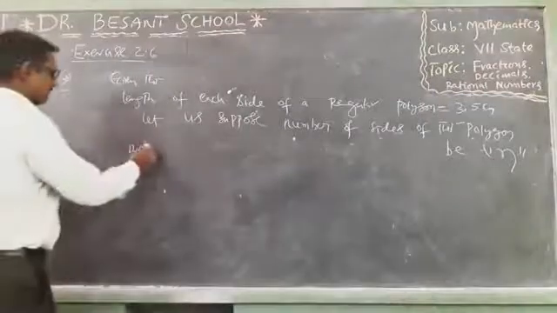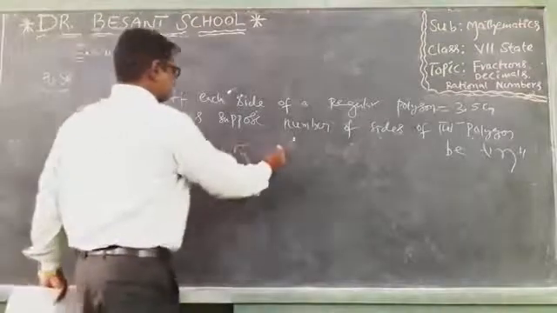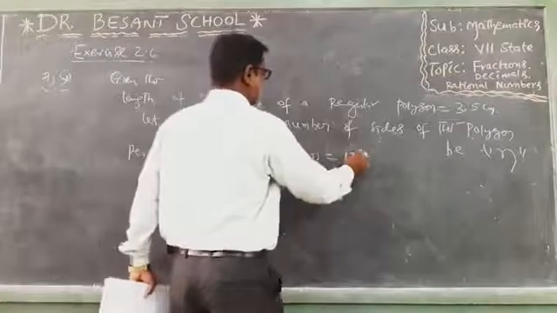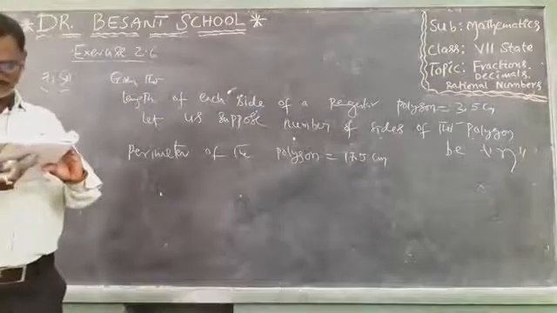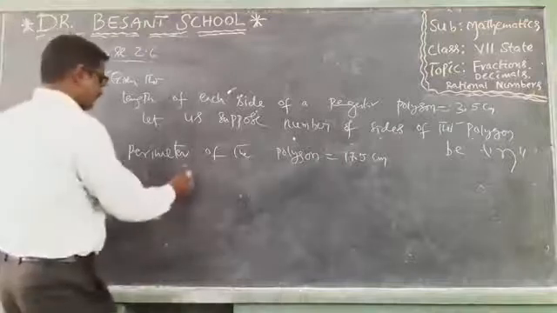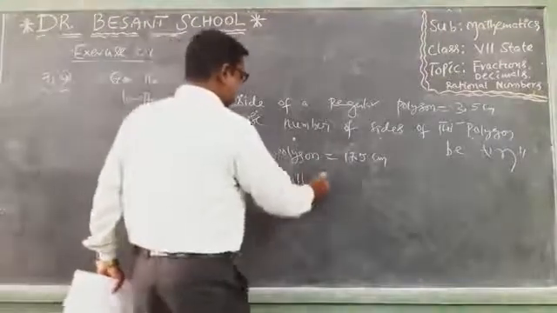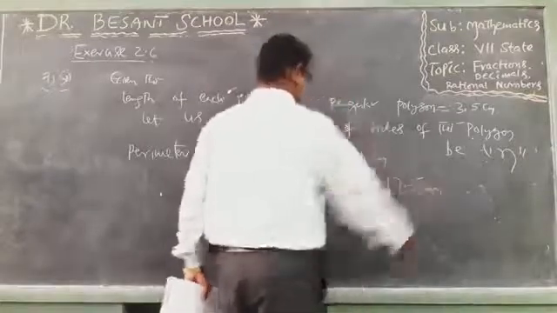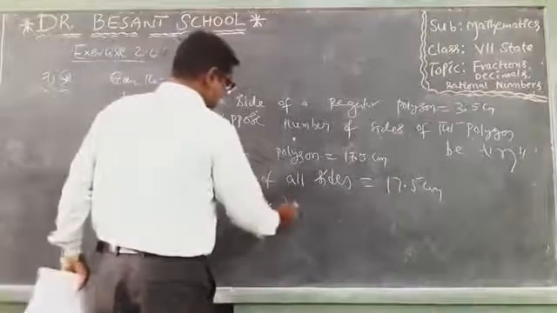Observe the perimeter of the polygon is equal to 17.5 centimeters. Yes, children, that is the sum of all sides. That means n sides are there, and the length of each side is 3.5 centimeters.